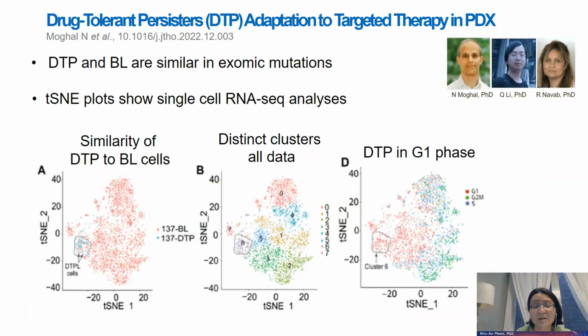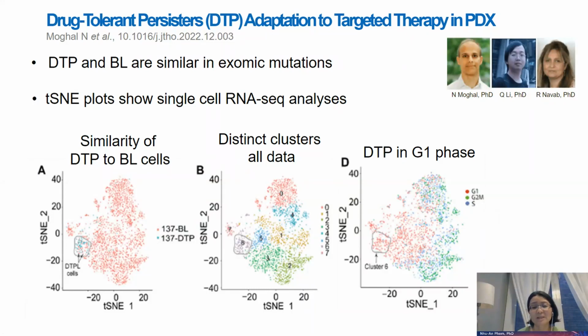Here you can see the dots being placed as a whole population, and we have the baseline colored in red and the drug-tolerant persister phase colored in blue. And we can see that in panel A, they are concentrated in one cluster.